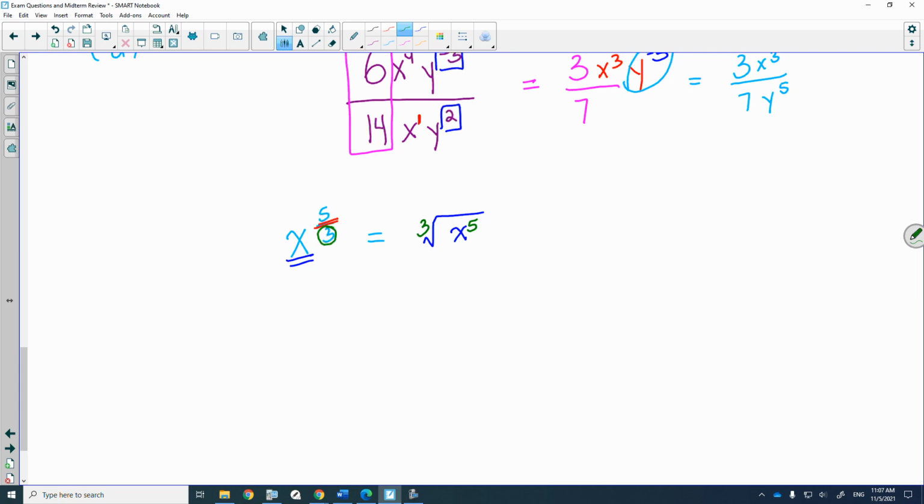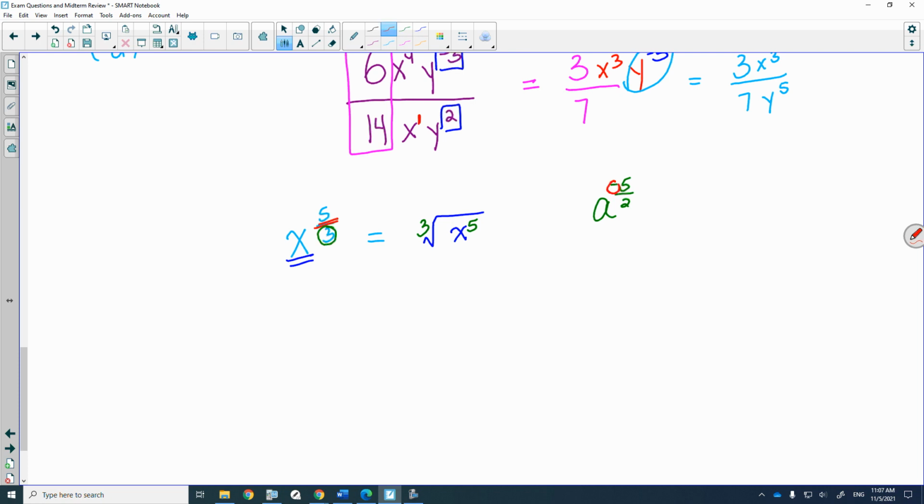Okay. What about this? a to the -5/2. What do you think you do first? Do you turn it into a radical with a negative, or do you turn it from -5/2 to +5/2?